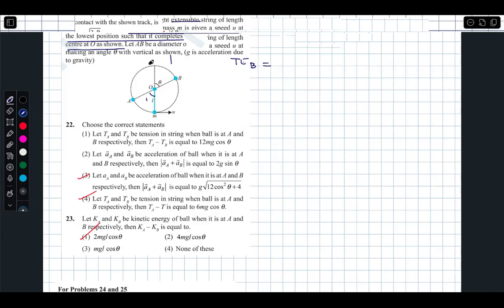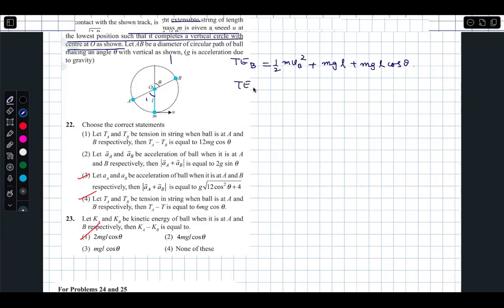The total energy at B is equal to, hold on, it might be half m vB square plus mgL plus mgL cos theta.